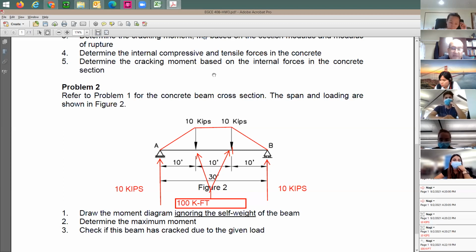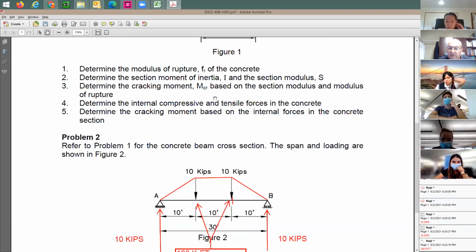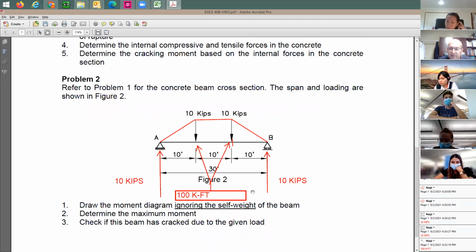Well, do you know the cracking moment yet? Do you have the value for the cracking moment? From part 1. Yeah, from problem number 1, first we need to know the cracking moment. Let's say the cracking moment is equal to 80 kip-foot. All right. And this moment here is going to be equal to 100.